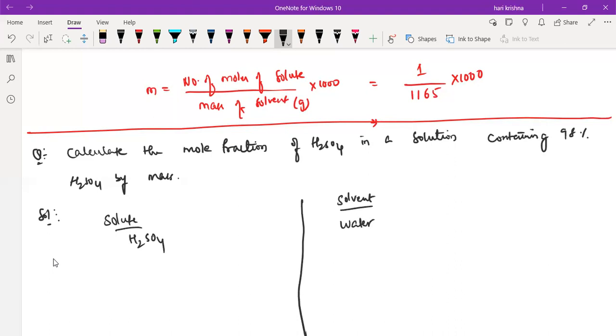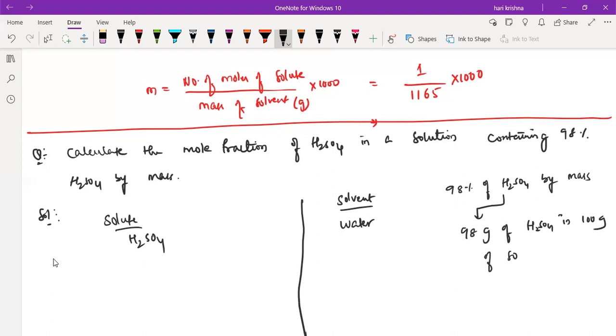Okay, and they said 98% of H2SO4 by mass. Then what is the meaning of that 98% of mass? 98 grams of H2SO4 in 100 grams of solution.